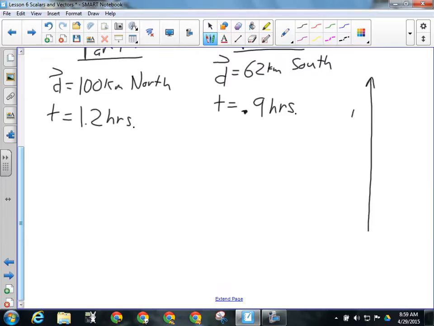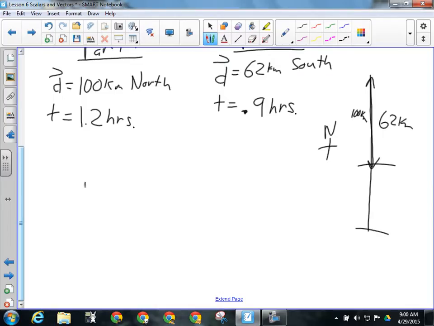Right? So, all right, I went 100 kilometers, and then I turned around from that point, and I came back 62 kilometers. All right, well, if this line's 100 and this line is 62, the difference is 38, and it's 38 north of where I started. Right? You might even want to draw a compass beside it. Okay, it's north of where I started.